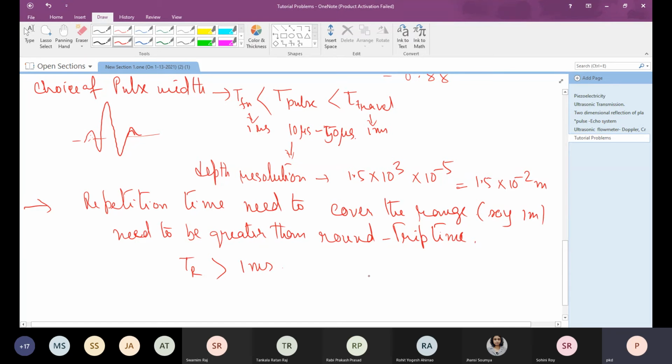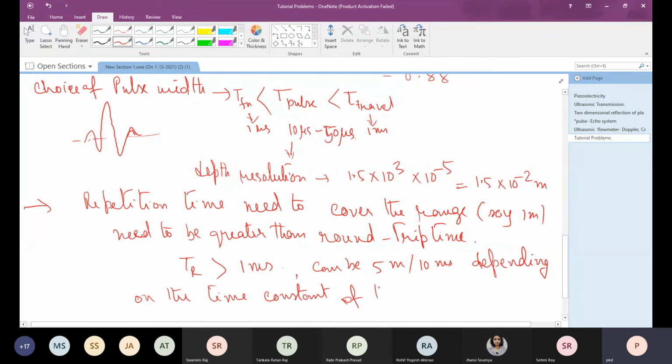So it can be 5 millisecond, 10 millisecond. So it depends on the dynamics, the time constant of the change in level. Time constant of the measurement.